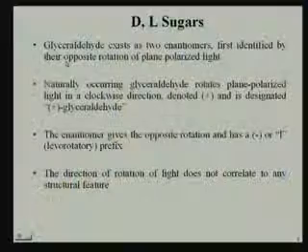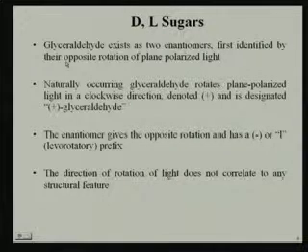Now, glyceraldehyde is the simplest sugar molecule, a 3 carbon sugar, and it exists as 2 enantiomers, first identified by their opposite rotation of plane polarized light. When it rotates in the clockwise direction, it is denoted as plus and designated as plus glyceraldehyde.